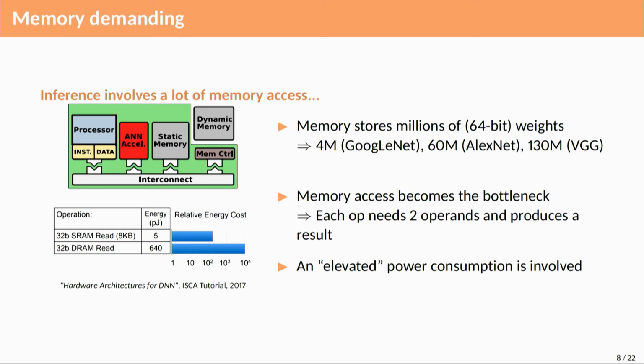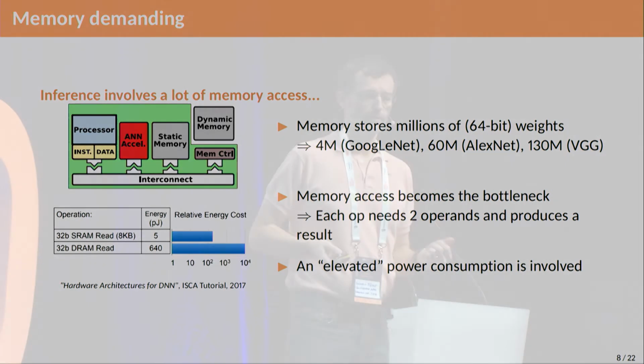There are 64 bits on floating points, which means that you have 4 times 8 equals 32 megabytes of weights that you have to store somewhere. And if we go to VGG, it is just huge. So when you have this number of weights, you cannot live with only local memory inside your circuit, so you have to fetch the data outside.